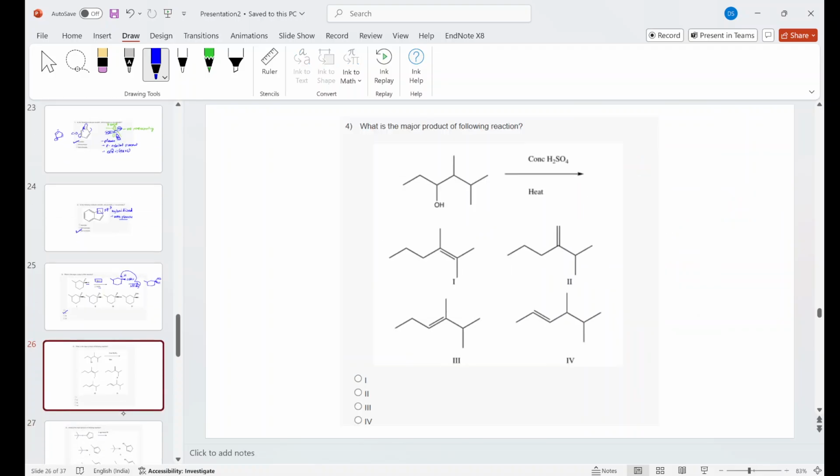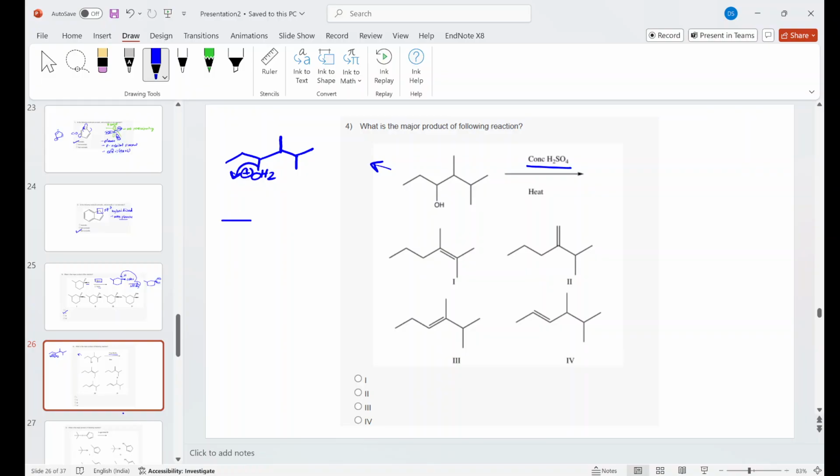This one. Next question, what is the major product of the following reaction? So you are using concentrated H2SO4. So that means in the first step, it will be protonated and it will be OH2 plus. And now you are heating it. This one will remove from here.